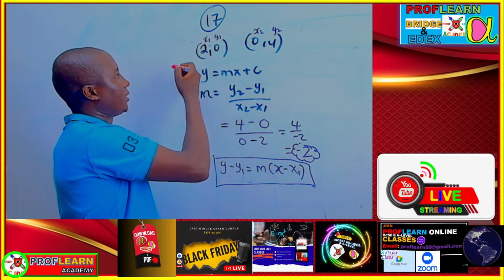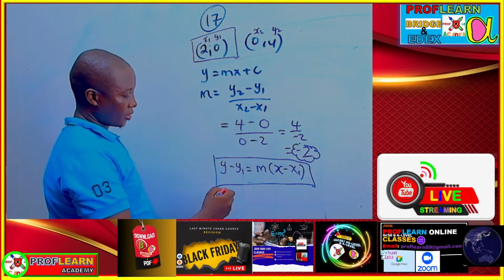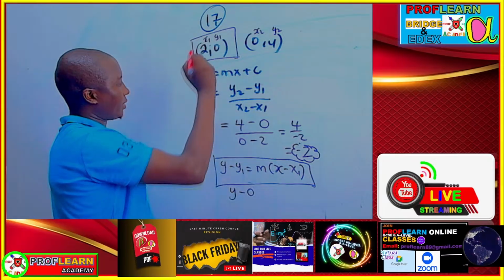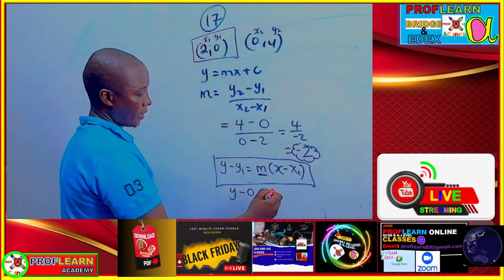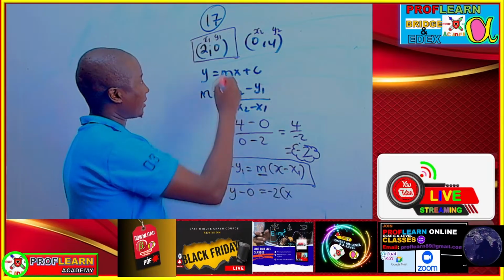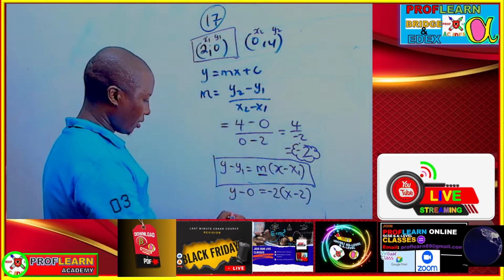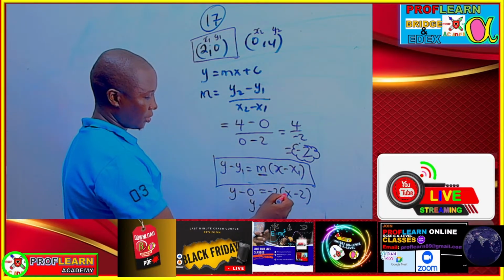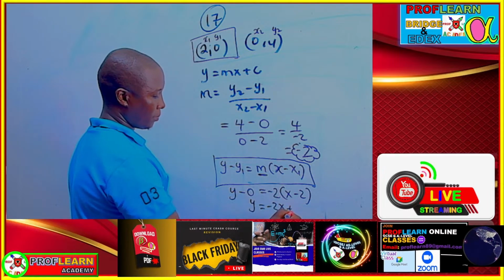Let this be our x1, y1. So y minus 0 is equal to the gradient, negative 2, into x minus 2. If you work this out, you get y equals minus 2x, and minus 2 times minus 2 is plus 4.